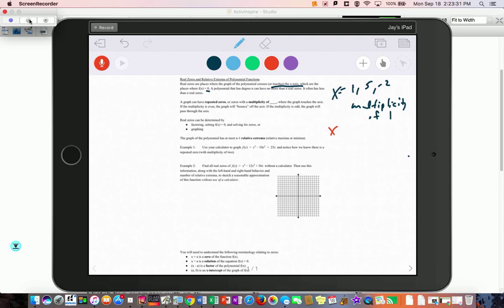Whereas if somebody else writes down x equals 2, 2, 7, and negative 7, the ones that have multiplicity of 1 are 7 and negative 7. There's only one of each. But 2 has multiplicity of 2. There are 2 of them.